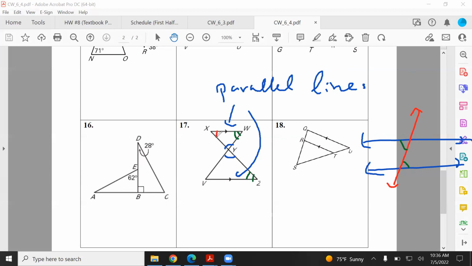And that is the same as that. Alternate angles are equal. Okay. So yeah, this is yes. Yes again.